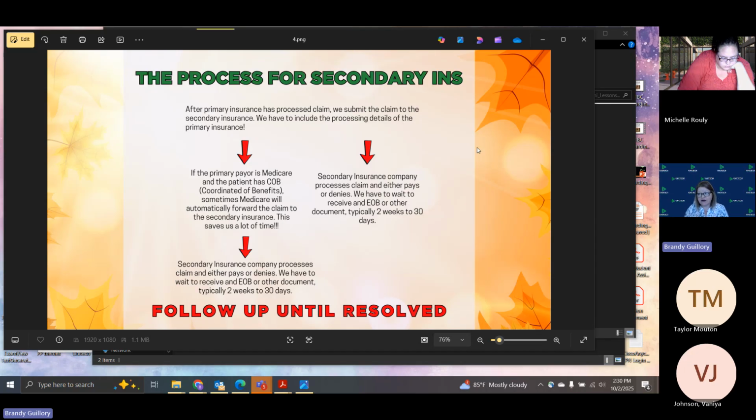And again, if your billing office is outside of your facility or your mail doesn't go directly to the place where you work, you may never get these EOBs. And that's when we really shine because we get to go research and follow up and make ourselves an asset and figure out what's going on. But that is secondary insurance filing in a nutshell.